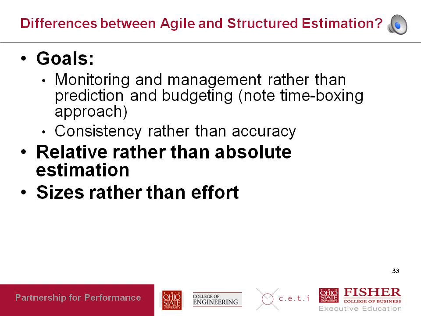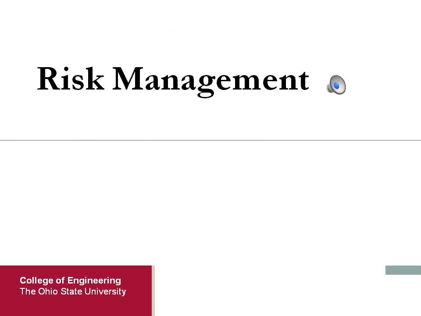So the idea is you're asking the development team, how much business value can you consistently deliver in each iteration? And you're using that quantity to sort of understand how much value the project will deliver in each iteration, and therefore over time.